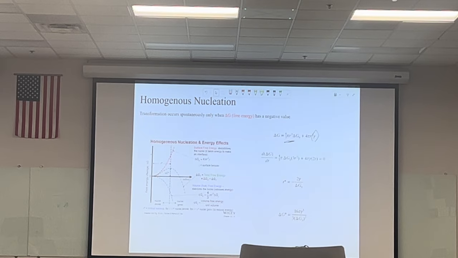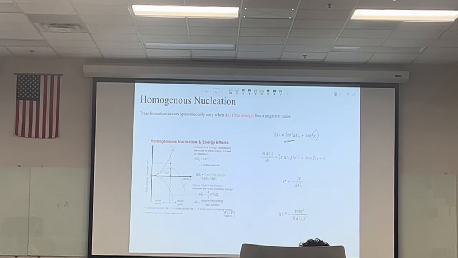But in this context, we have two important values, the critical values, R star and delta G star. Basically, it means if the radius approaches this R critical value, delta G changes in a way that the rest of the nucleation happens spontaneously.